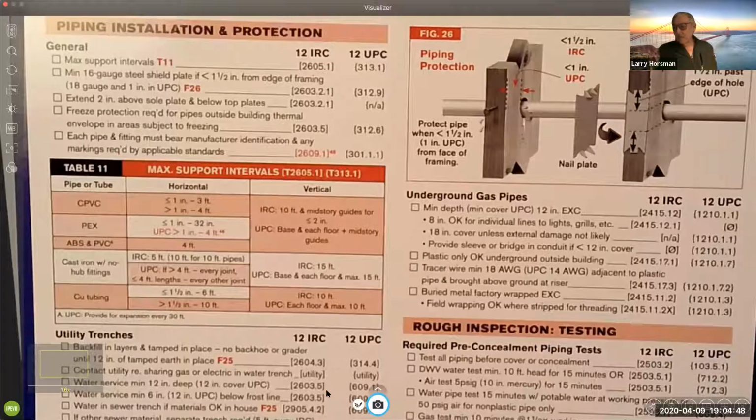You can get angle stops, for example, which are little shut-off valves for the sink supply. They have short throw, and then there are others that screw in and out much more slowly. But water hammer normally shouldn't be a problem in residential, because if your water pressure is too high, you're supposed to put a pressure regulator on.